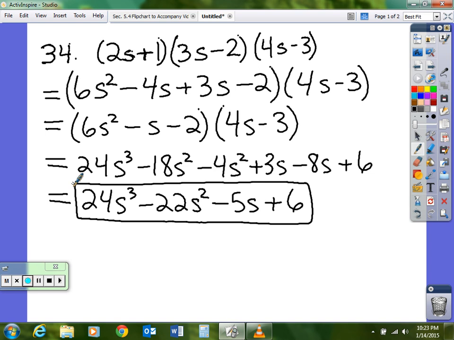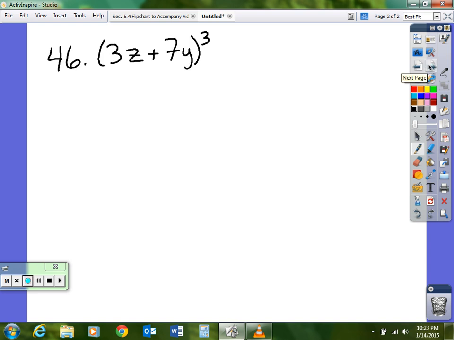Let us now move to problem 46. We have (3z plus 7y) cubed. When we get a problem like this, we need to realize that this is actually 3z plus 7y multiplied by itself a total of 3 times.